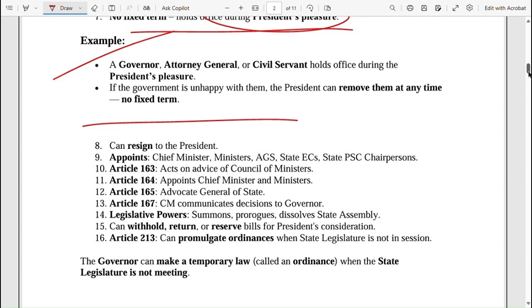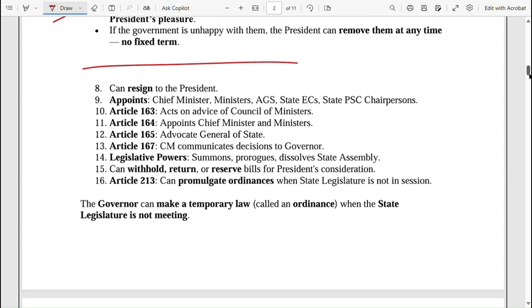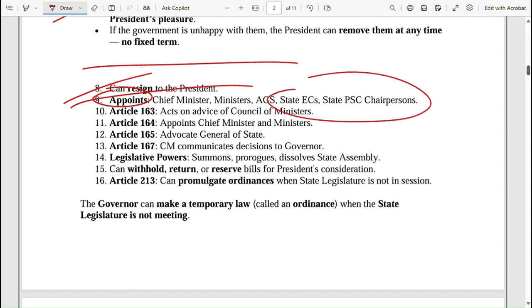And what are the other powers of the governor? He can give his resignation to the president. For the president it is to be given to the vice president. The governor appoints the chief minister, other ministers, and the attorney general of the state. So everything related to the state here. What does Article 163 say? It says he acts on the advice of the council of ministers, same as the president. And what is Article 164? It appoints the chief minister and ministers.